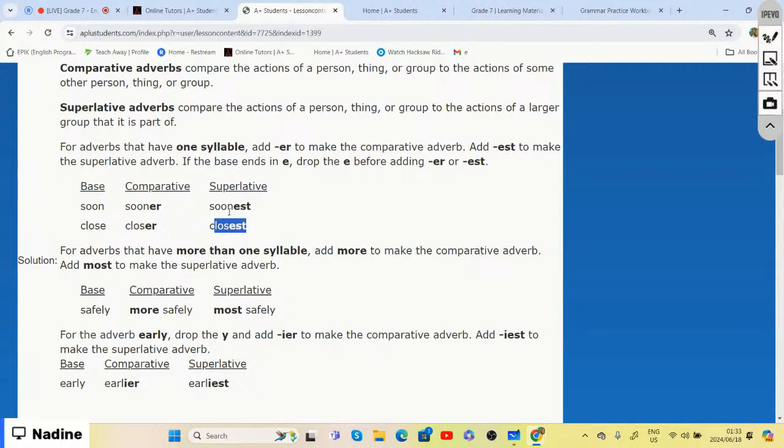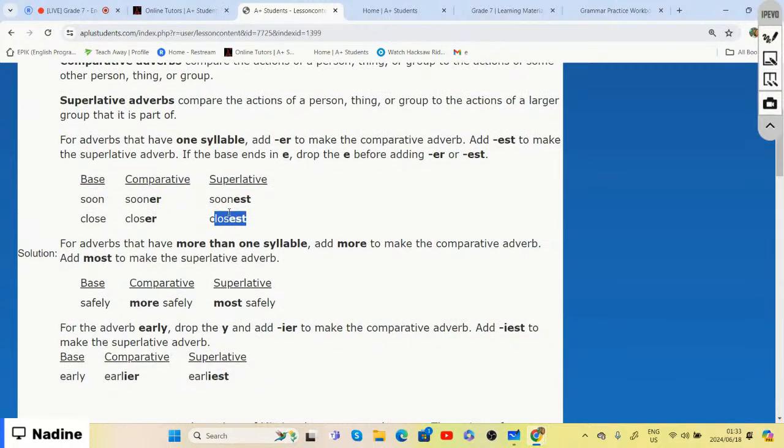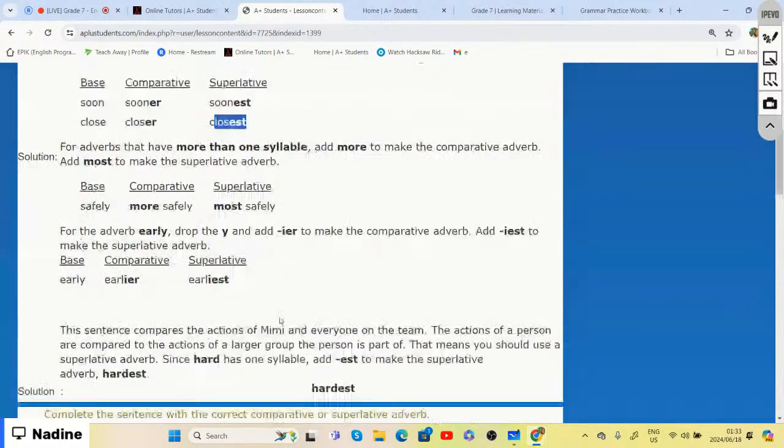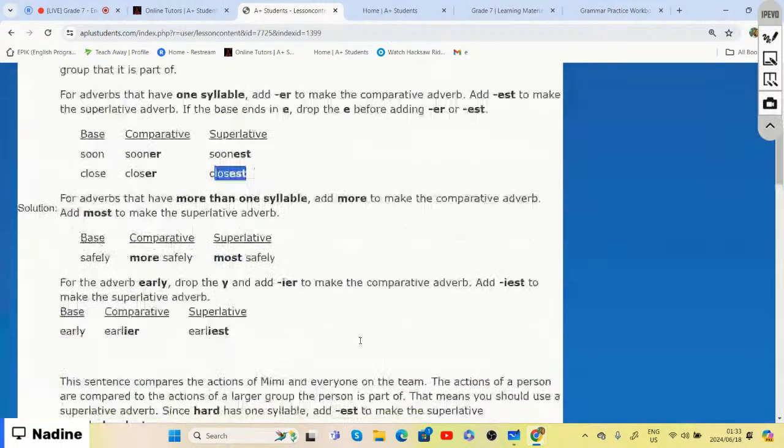All right. And then before we continue and go on to our test, here is an example. We have the adverb early, right? For an adverb that ends with a Y, we drop the Y and add the IER to make the comparative adverb. And we add the IEST to make the superlative adverb.